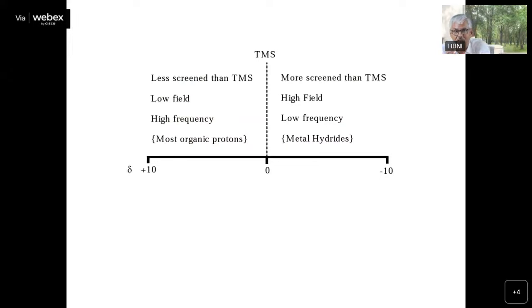That right-hand side is called high field. They have low frequency, and you will see that in many metal hydrides and some organometallic complexes. We will see those topics later. Clear?